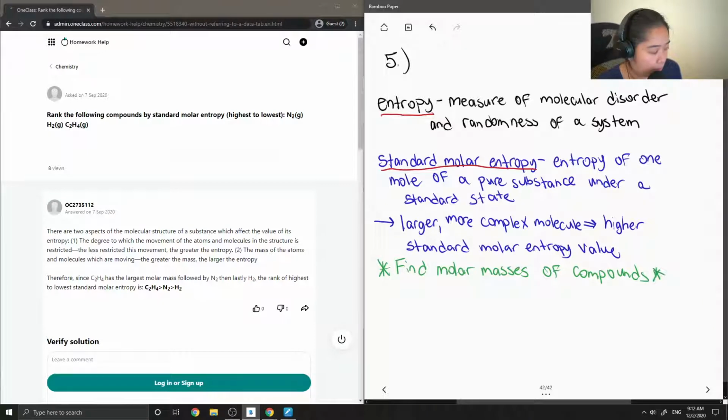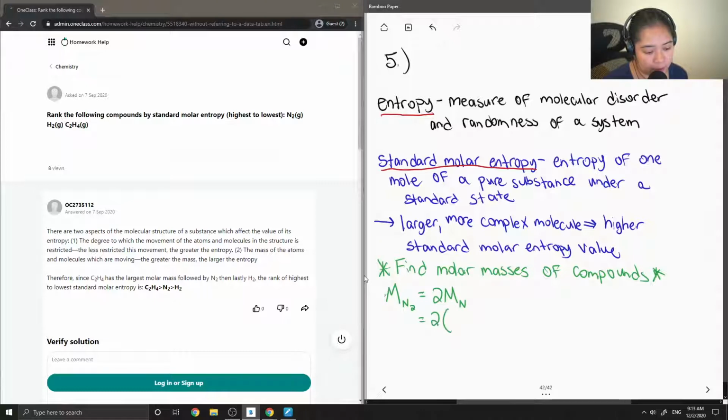So finding the molar mass of a compound is generally pretty easy since these values can be found on the periodic table, and we just have to do some basic math to calculate it. So for example, the molar mass of N2 is just equal to 2 times the molar mass of nitrogen, since there are 2 atoms of nitrogen in N2.